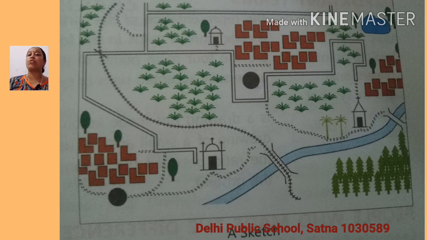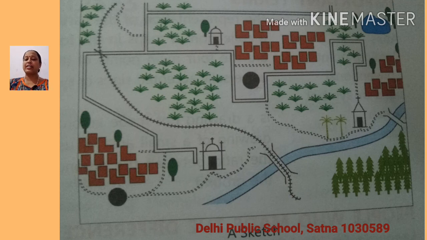Now children, a sketch. A rough drawing of an area based on memory, drawn without a scale, is called a sketch. Before this, whatever knowledge we got about the map was about the scale and ratio. But in a sketch, it is a rough drawing. No scale is required. It helps to locate or show a place which we need to visit.